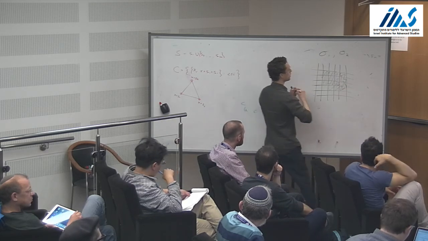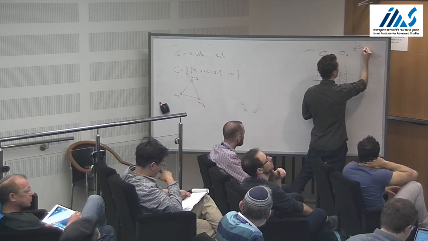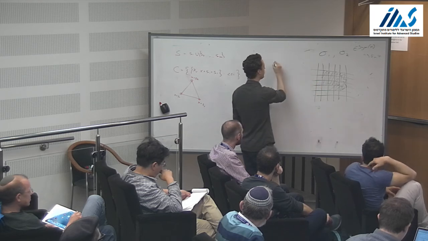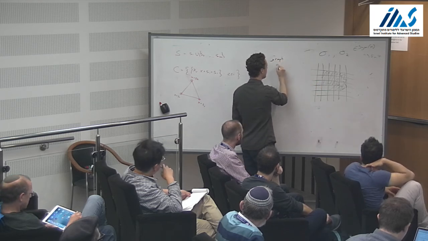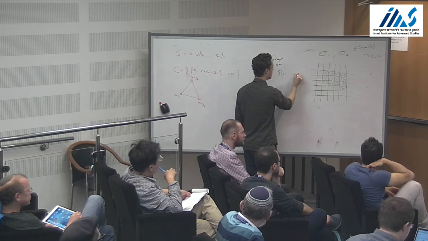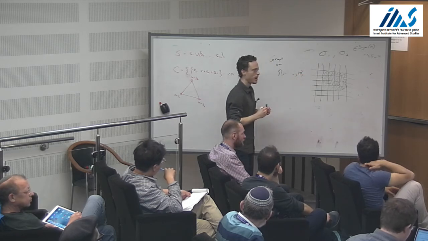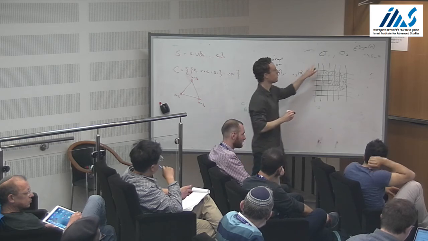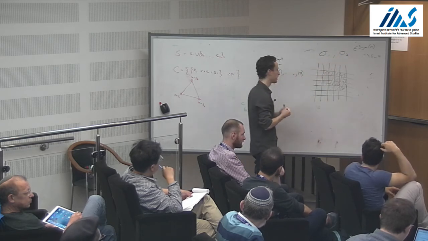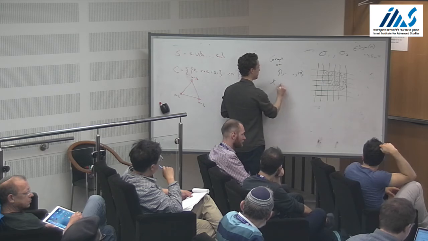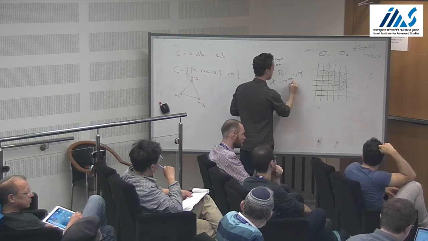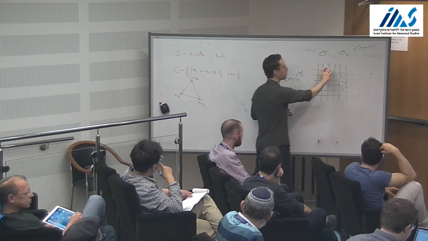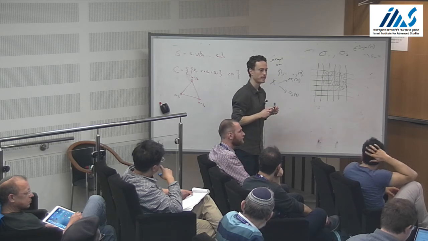Those are permutations in the symmetric group on n elements. And this grid is part of a graph on the points 1 to n, where n is very large. I have this graph on the points 1 to n defined by those 2 permutations, where x is an edge going to sigma 1 of x and to sigma 2 of x. And here is a small portion of this graph which happens to look like a grid.